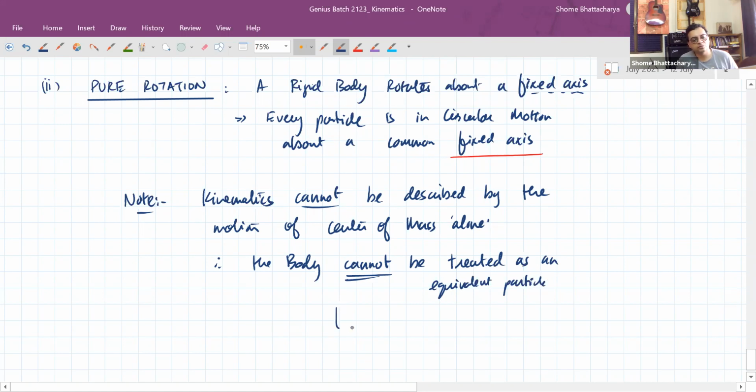So this is where we move to what is called rotational kinematics, not particle kinematics. So this is for a rigid body. This will come in a later chapter.